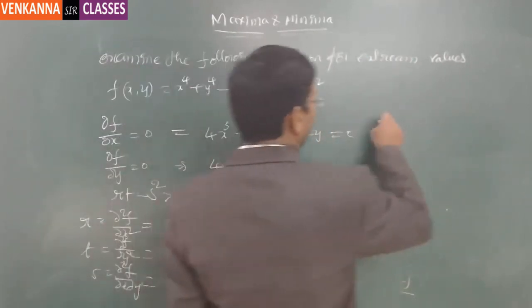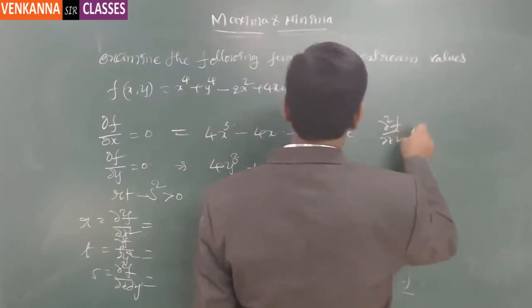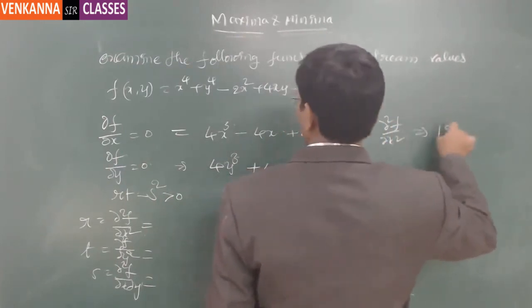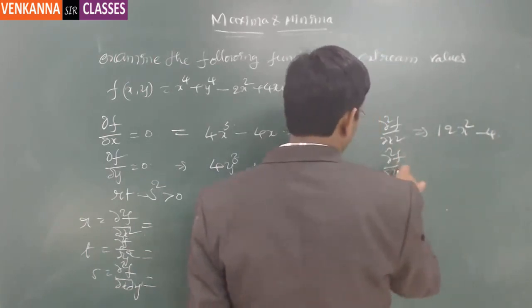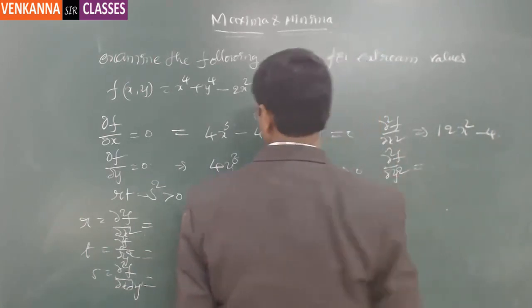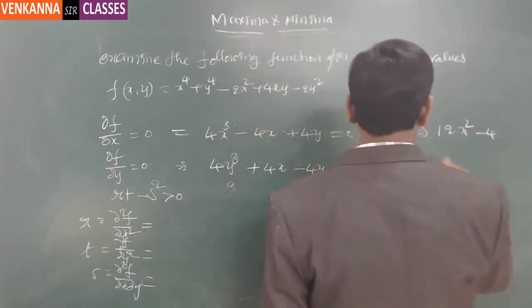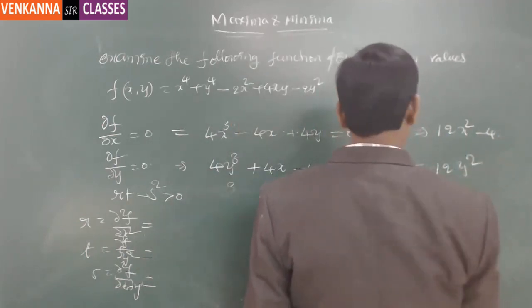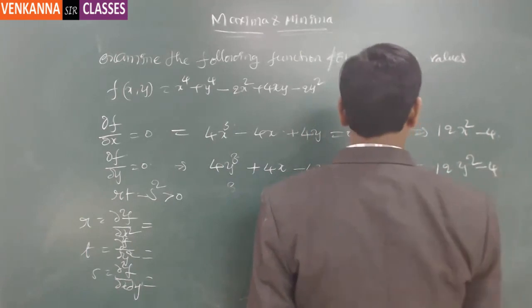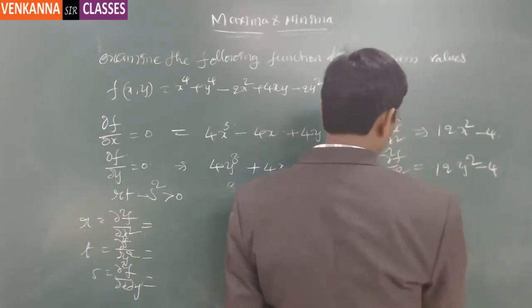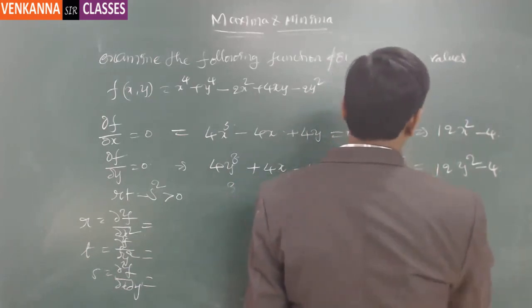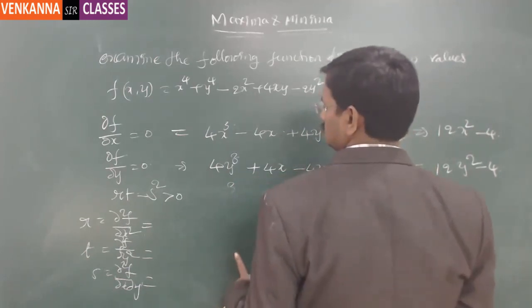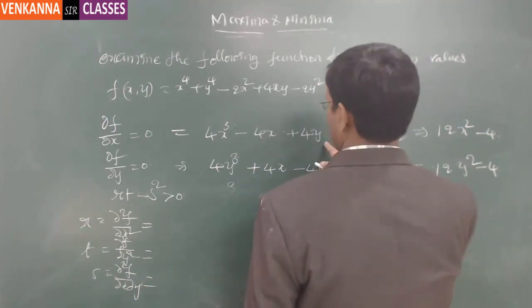So it implies del square f by del x square is 12x square minus 4, and del square f by del y square is 12y square minus 4, and del square f by del x del y is 4, and this is also 4.